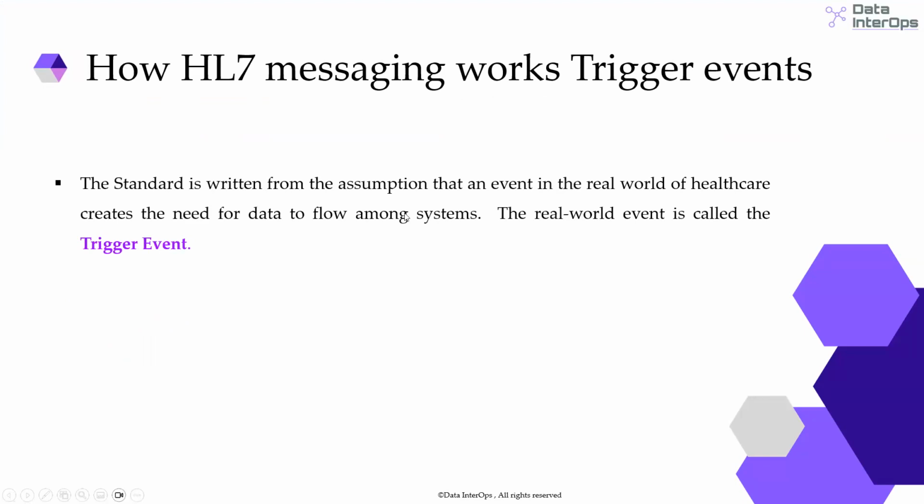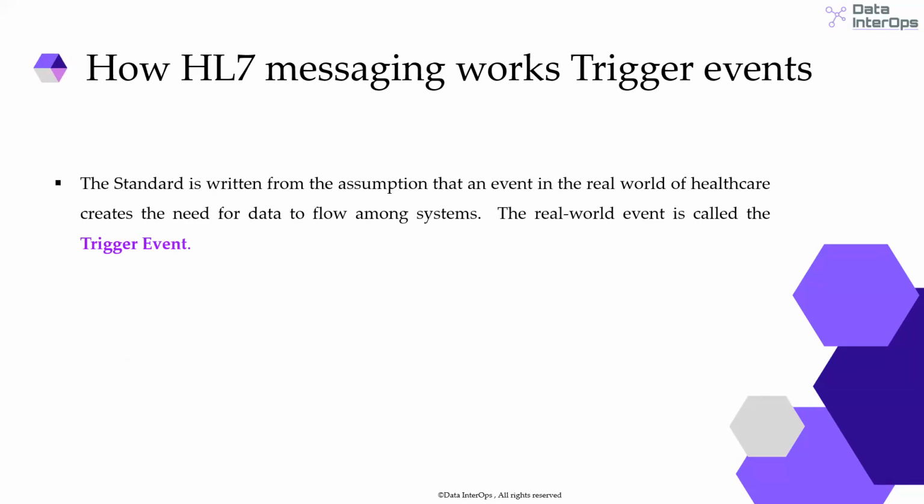I told you that HL7 messaging is nothing but an event-driven messaging methodology, right? Where you define that HL7 messages are triggered or sent based on an event. Patient got registered, an HL7 message gets generated, and that will be sent to the EHR system.